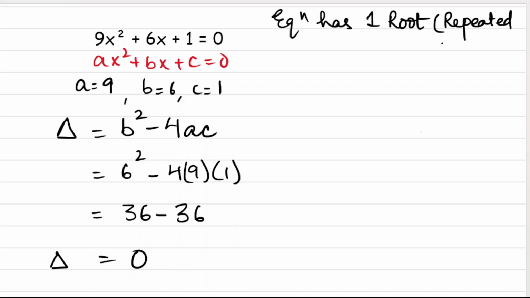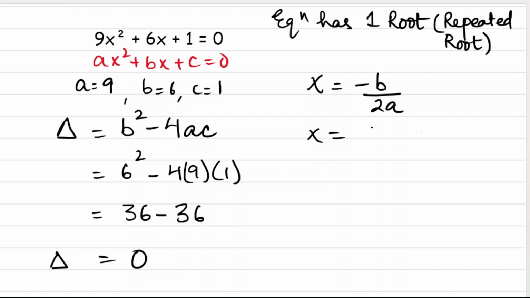So this discriminant helps us to identify what kind of solutions we will have. In the previous two examples, the delta or the discriminant was greater than 0. So we had two distinct or different solutions. But when delta is 0, the equation would have one root which is called a repeated root. And that root is given by x equals minus b over 2a.